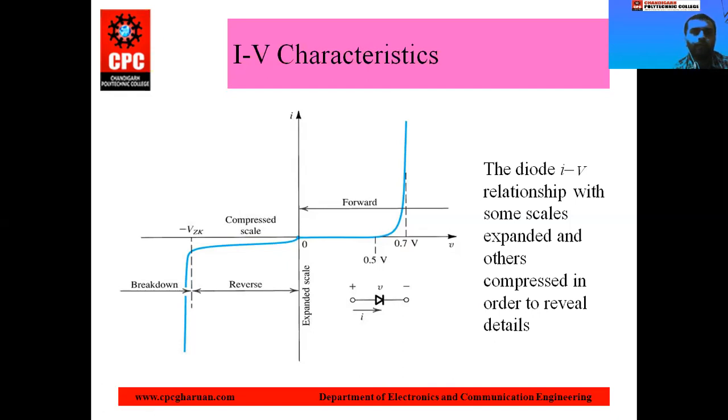As you have already seen in your mobile chargers, four diodes are used, and that is the circuit of a full wave rectifier. After that, filters are connected, and the DC output comes out from your charger and is applied to your mobile phone to charge the battery.